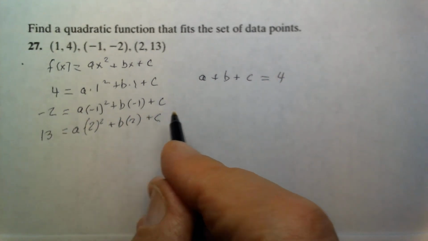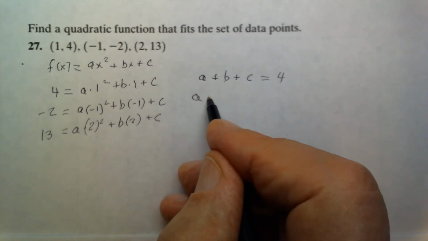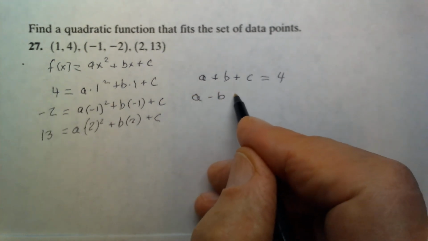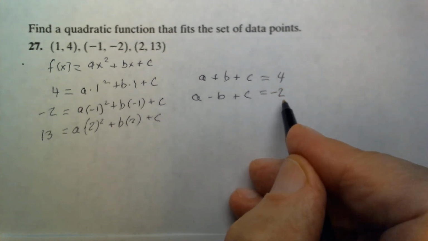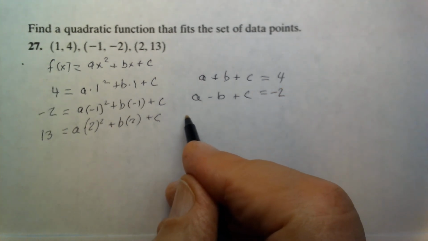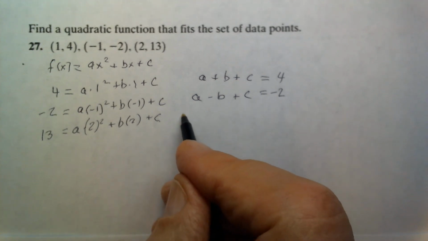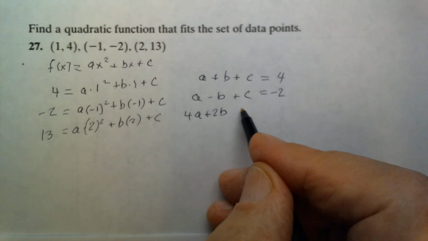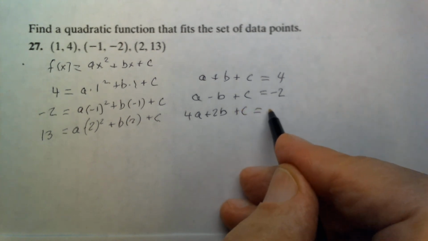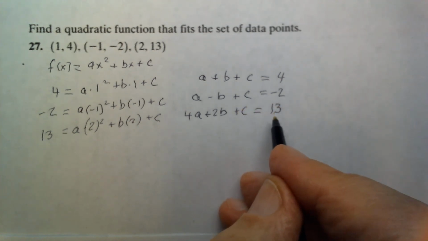The second equation gives us a minus b plus c equals negative 2. And the third equation gives us 4a plus 2b plus c equals 13.